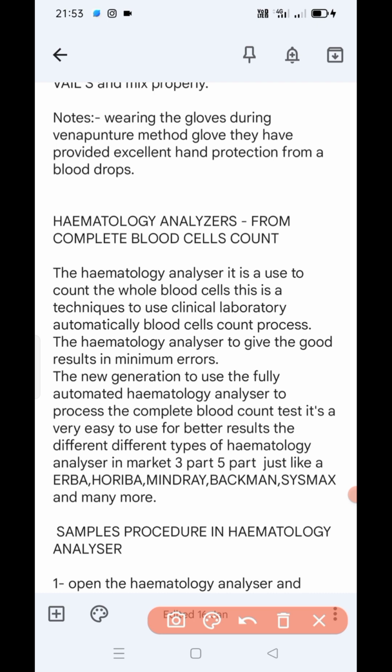The new generation uses fully automated hematology analyzers to process the complete blood count test, which is very easy to use for better results. There are different types of hematology analyzers in the market, such as Erba, Horiba, Mindray, Beckman, Sysmex and many more types.